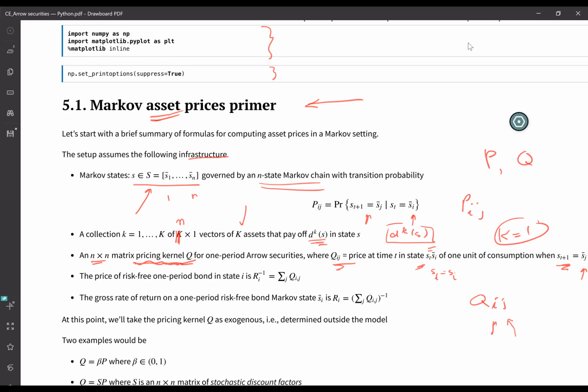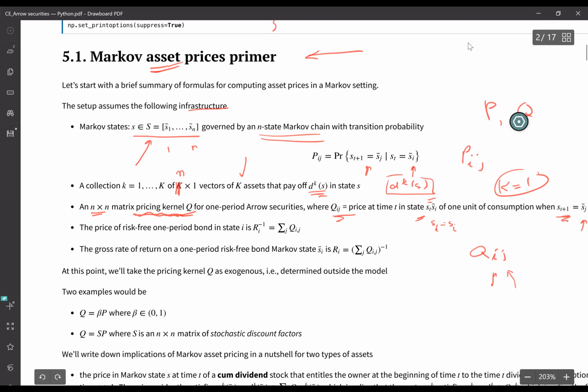Now, here's something fun. We could ask, okay, so suppose we're in state i today and we want to buy a risk-free, we want to buy 1 unit of consumption tomorrow for sure. So how much would that cost us? Well, all we have to do is sum over j. We're going to buy 1 unit in all j states, in all states from 1 to n.